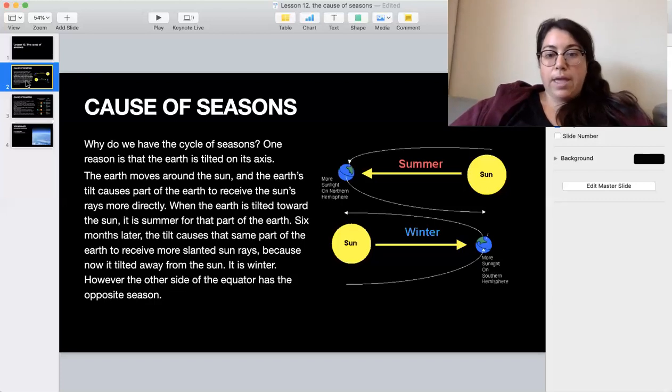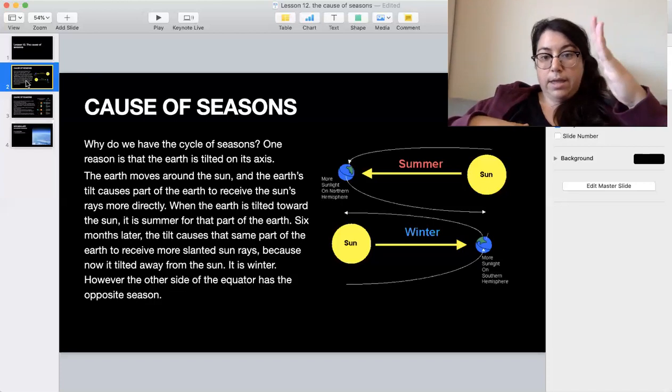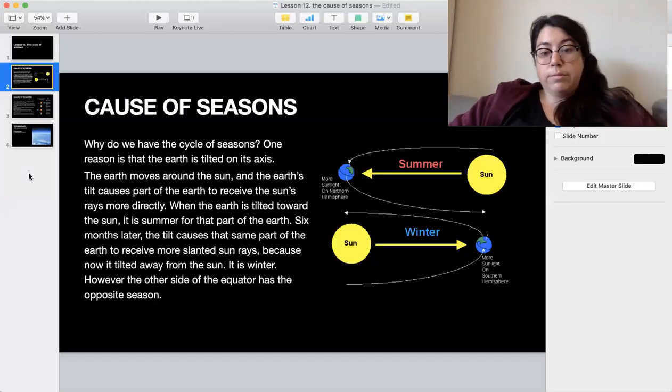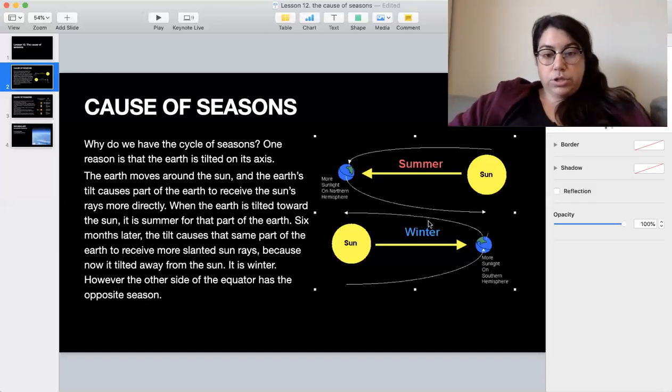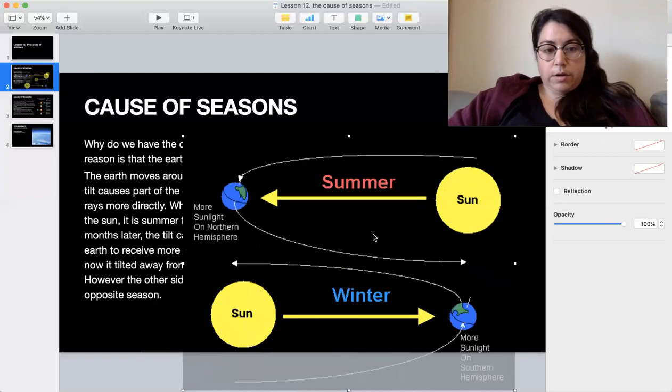How do you know? Okay, when the earth is tilted, usually in pictures you saw it like this, okay? It depends in what part of the revolution you are. Here in our pictures, we see it here, okay?